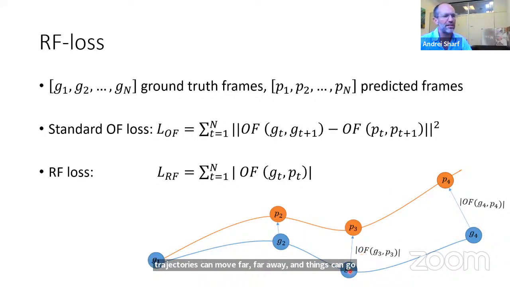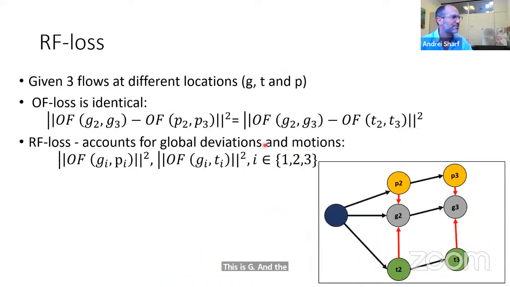So we try to create a loss between two frames, how one frame flows into another frame at the same time. So this is a global similarity between the ground truth, this is G, and the predicted, P. The idea is that if you look at the optical flow, then all these trajectories between the time steps 3 and 2 will look the same.